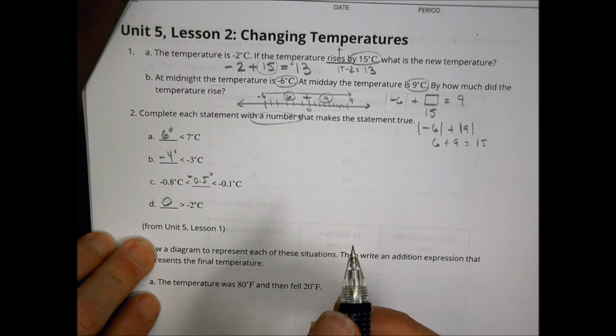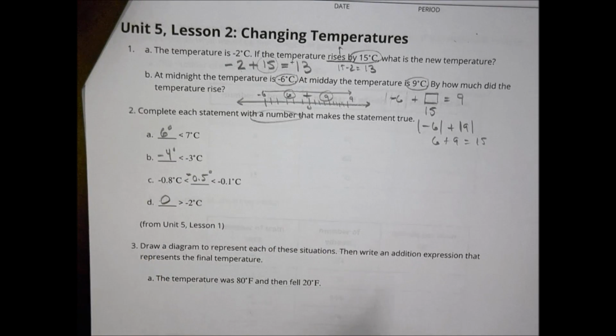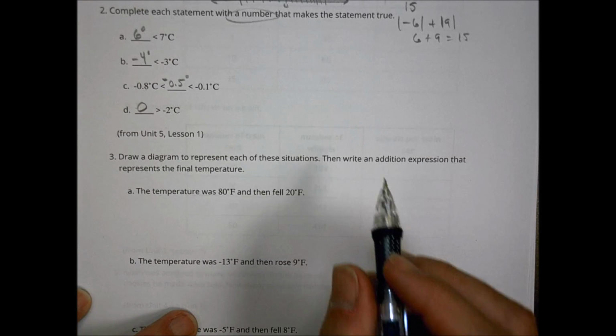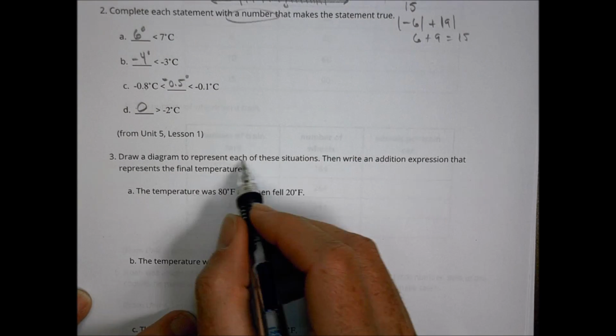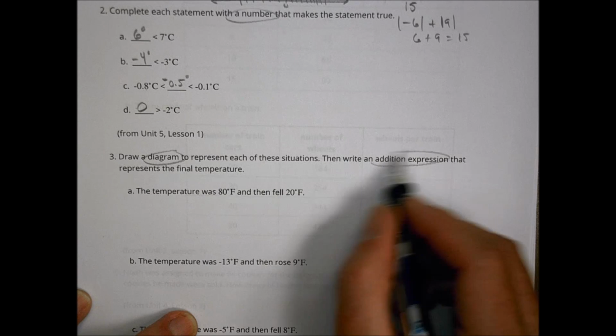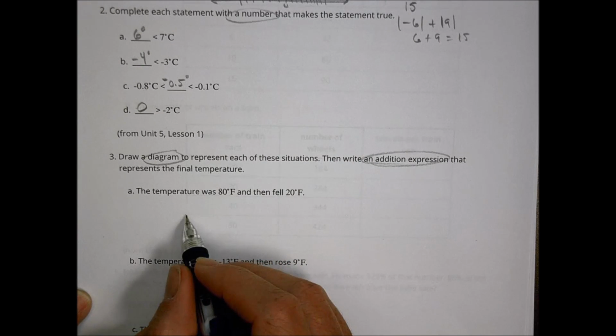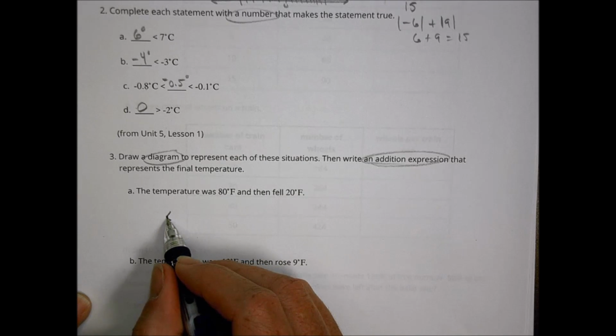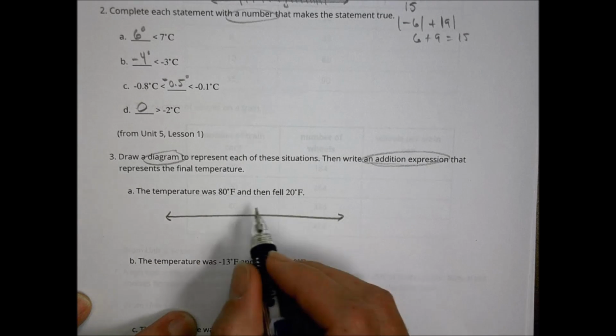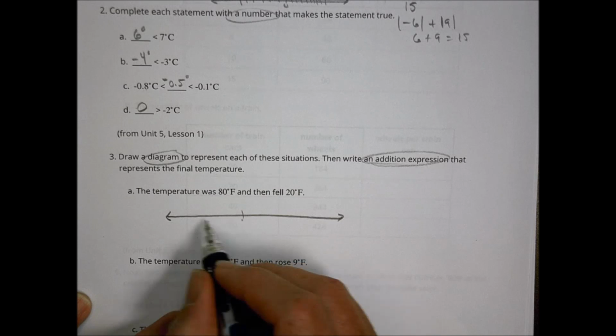How's that work? Okay. Number 3, draw a diagram to represent the situation, and then write it. So we want to do a diagram and then do an addition expression. The temperature was 80 degrees and then fell 20 degrees. So as a diagram here, here's my number line. All right, we can make this 0.